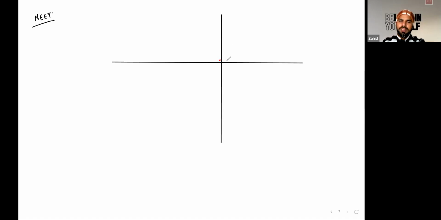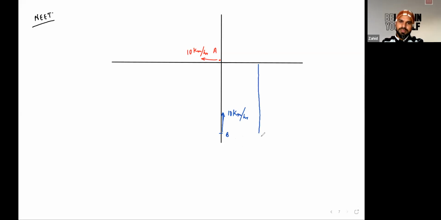There is a boat in a river which is going towards west at 10 km/h. This is the speed of A. There is another boat at a distance of 100 km towards south, that is B, which is going along this direction at 10 km/h.